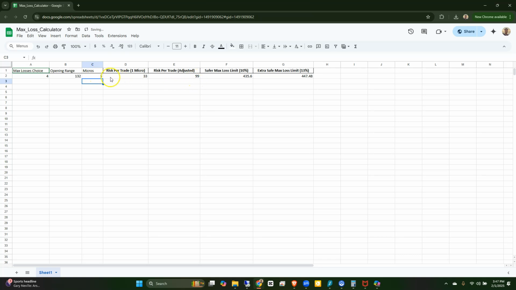Yeah, there you go. 3 micros on a 132 tick opening range day, with a max loss amount of 4 trades down before ORS stops trading. Therefore, your 3 micro trade would be a $99 trade each, plus commissions, obviously. Your extra safe max loss limit, up to 13% on top of that, would be a $447 loss limit. Hope that makes sense, everybody.